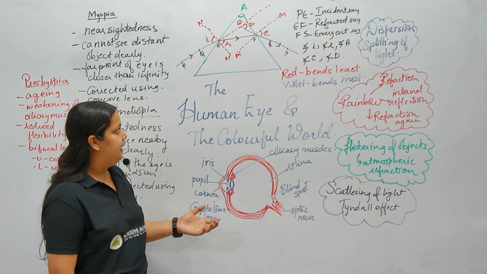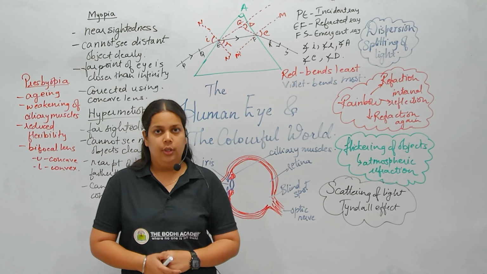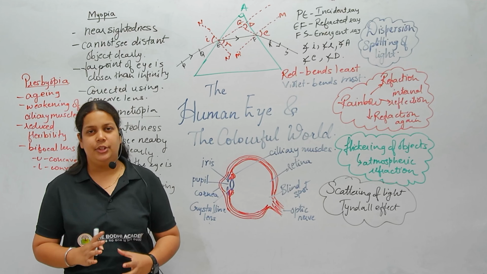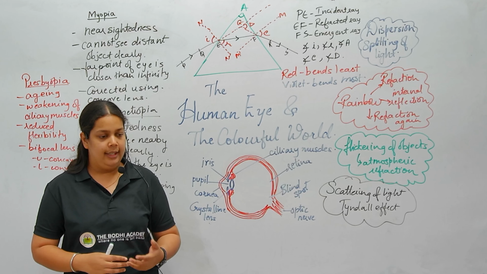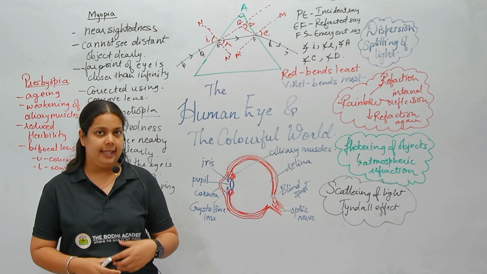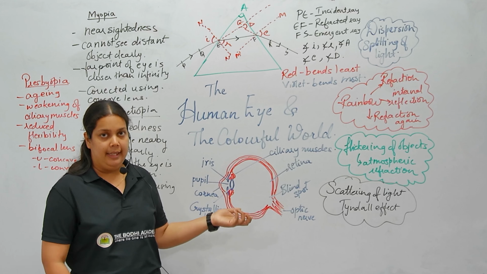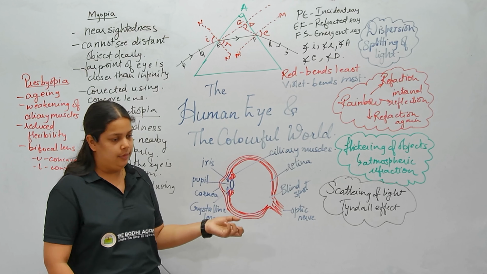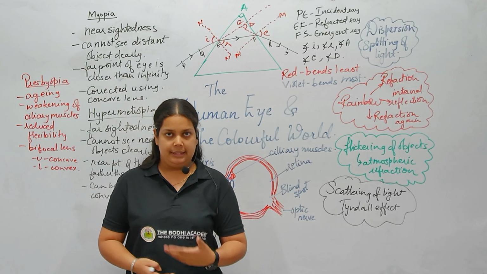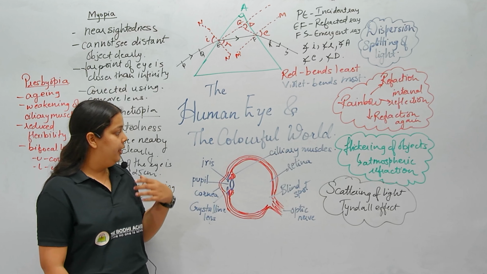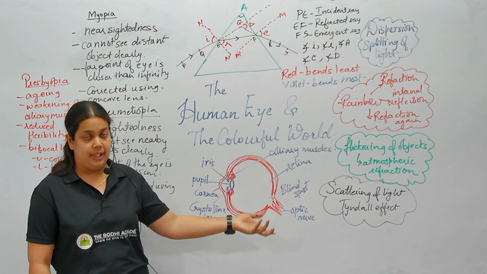So the next thing is power of accommodation. So the lens is composed of a fibrous jelly-like material, and the curvature of the lens can be adjusted. It is modified to some extent by the ciliary muscles, and when the muscles are relaxed, the lens becomes thin and we are able to see the distant objects clearly.